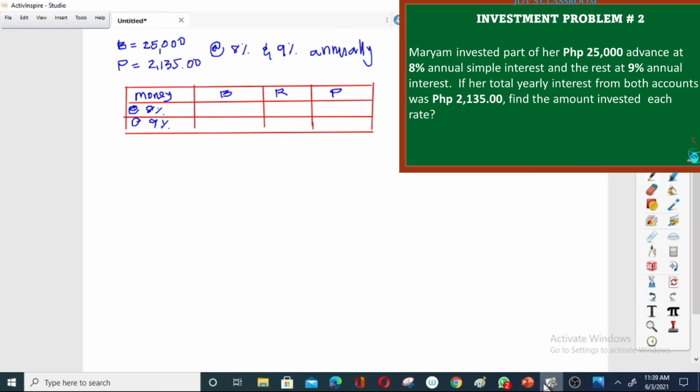Okay, based on the given, again, I'll be using the variable x.